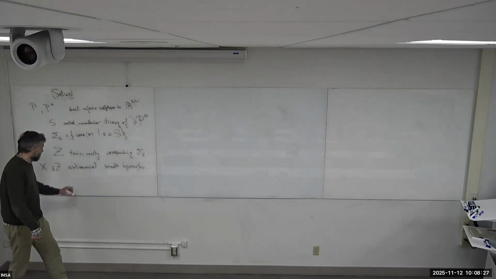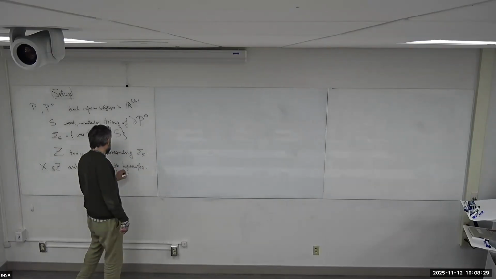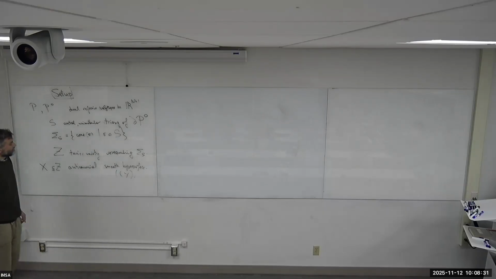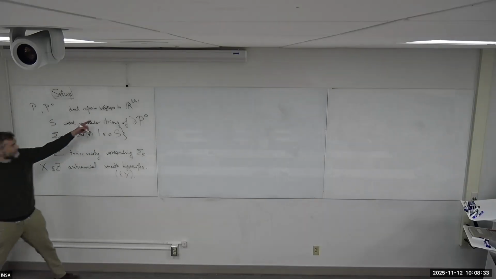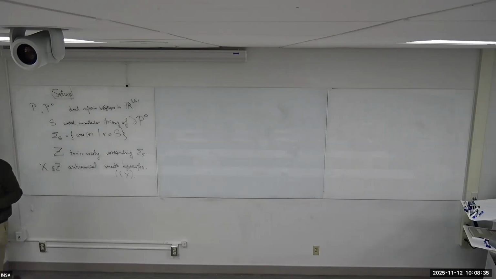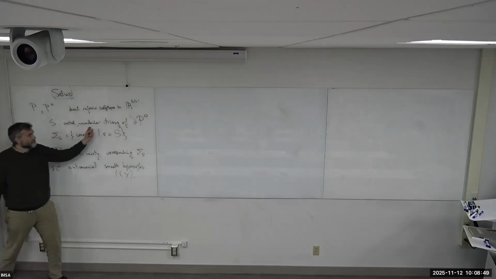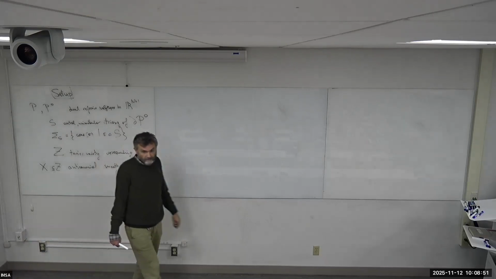So in particular, it's Calabi-Yau, and it's of dimension n. Is it smooth? Yes, it's smooth because we assume that we can find a central unimodular triangulation of the boundary. So it's smooth.